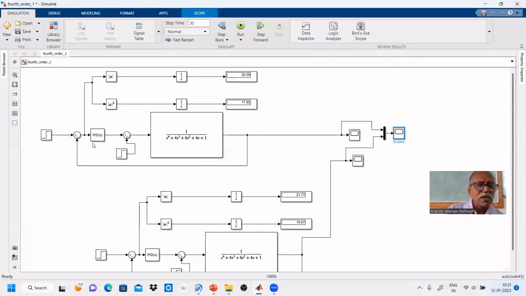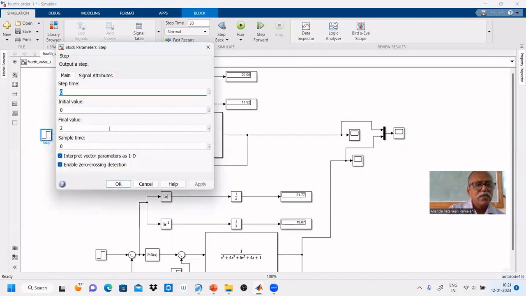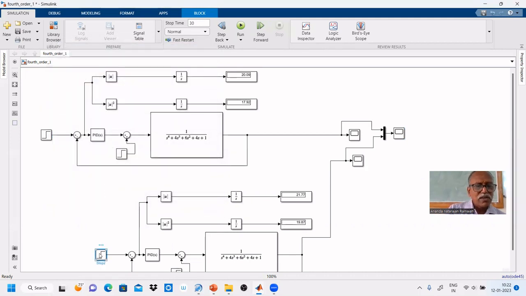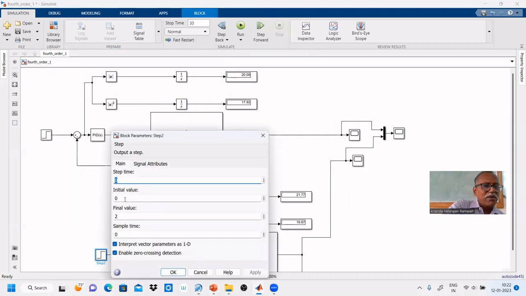Now let us do the regulatory response. For regulatory response, there is no set point change. It remains at the nominal operating point. That's why the final value is 0 only. Here also the final value is 0 only. You can combine these two and give one step input. That is also possible if you are going to give the same value. So we are going to give the same 0.